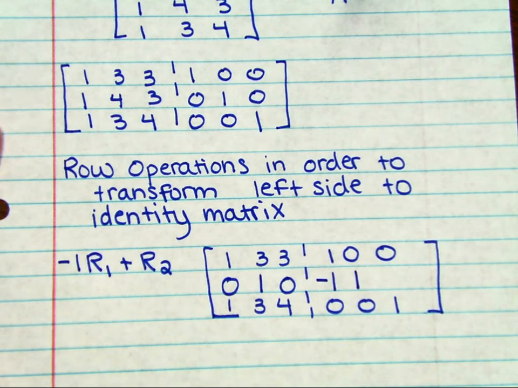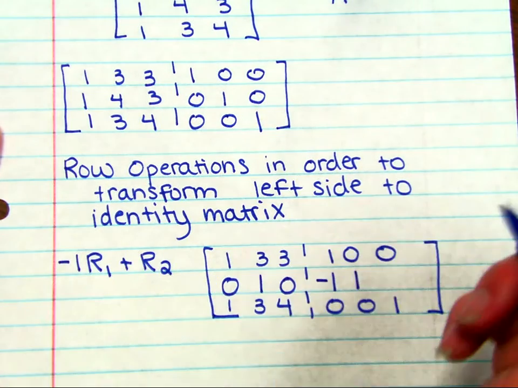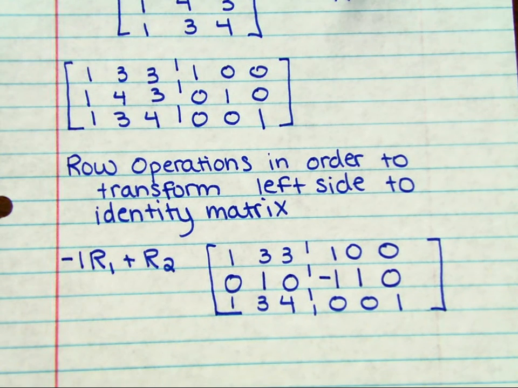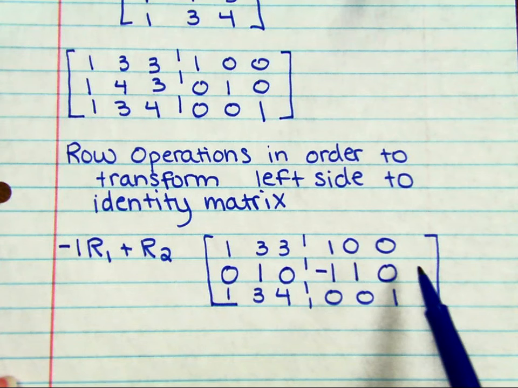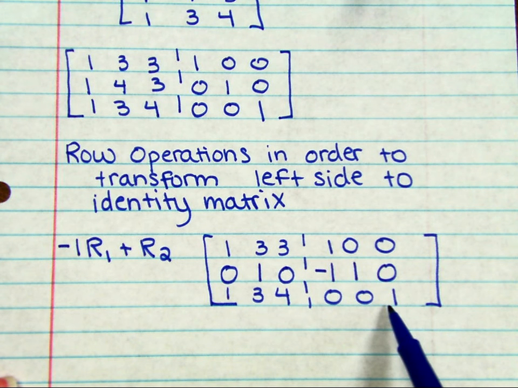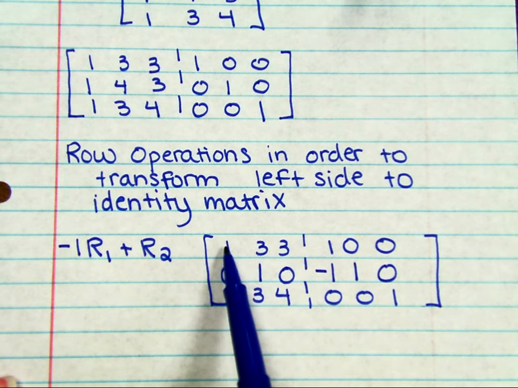Negative 1 times 0 plus 0 is 0. Now remember, we're not as concerned with what happens with this right-hand side. Yes, I need to perform all of my row operations, but we're just concerned with getting 1, 0, 0, 0, 1, 0, and 1, 0, 0.